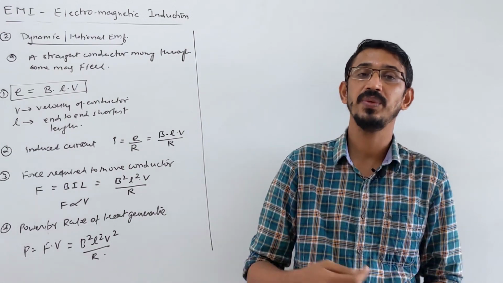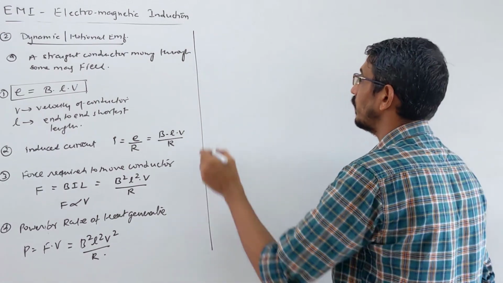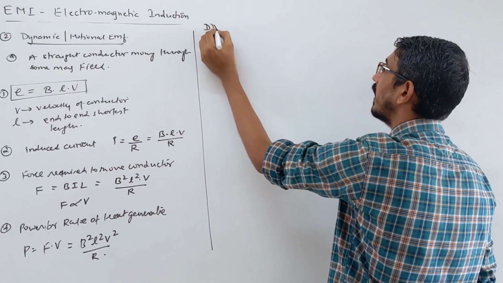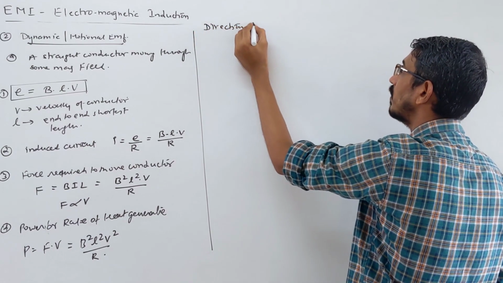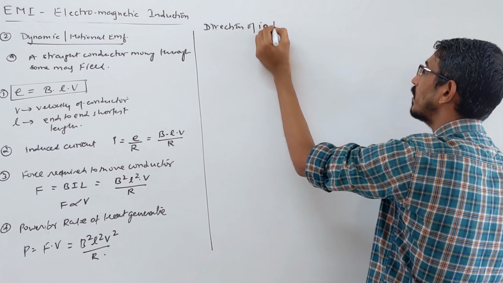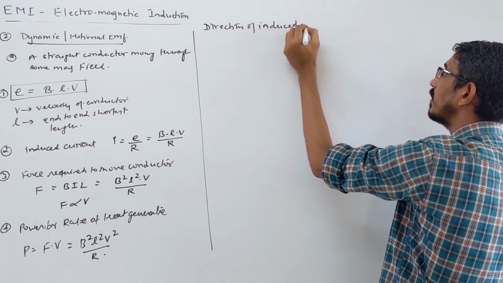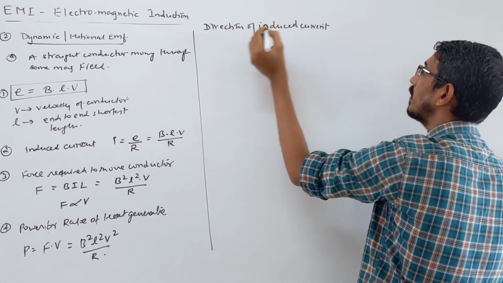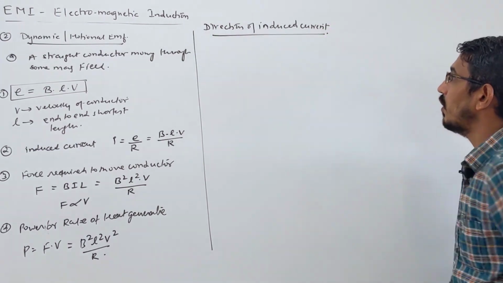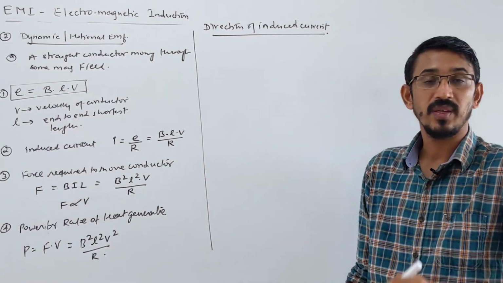Now we need to find the direction of the EMF induced, or the direction of the induced current. We have a rule here. First, before the rule, I tell you a very important point.